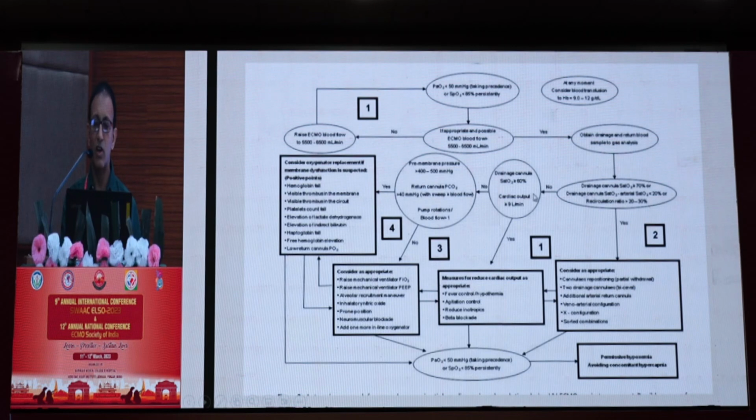If it is not there, then as Dr. Pranay mentioned, we need to optimize the cardiac output, reduce it, look at the oxygenator function, optimize the lung, do bronch ventilation, add nitric oxide, etc.